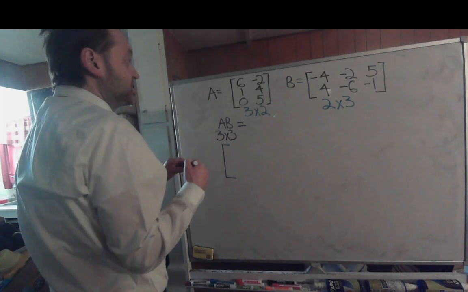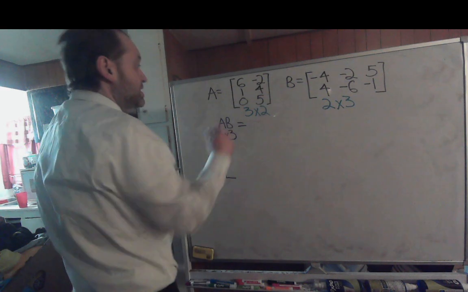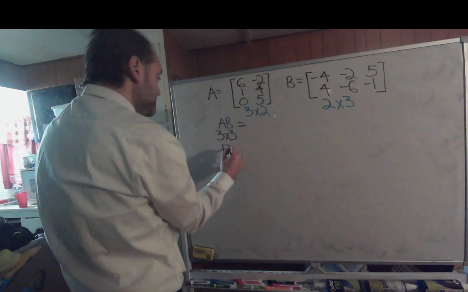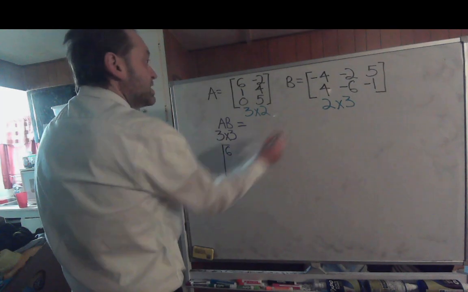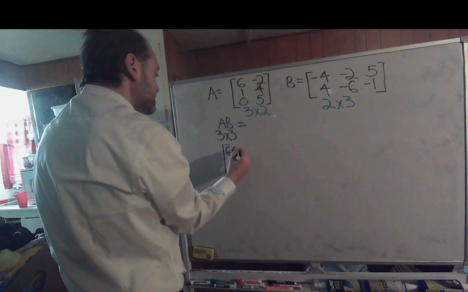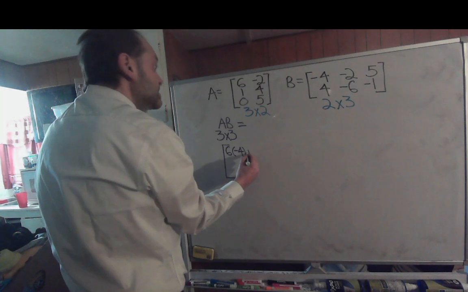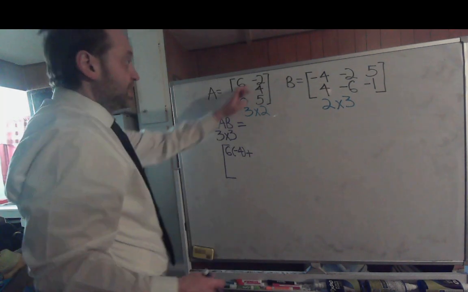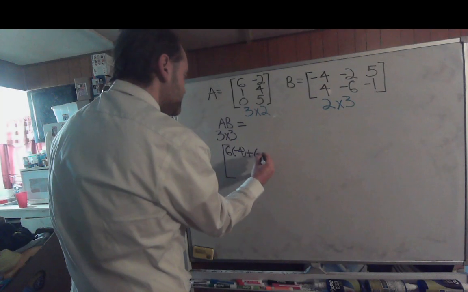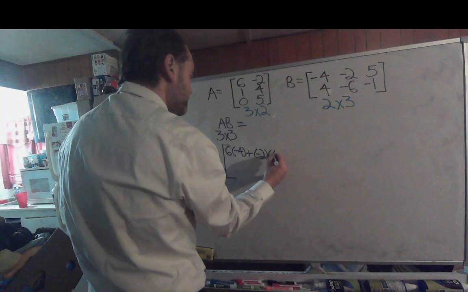So again, stick with your first row to obtain all the numbers in the first row. You're going to take that first number of 6 in the first row times the first number of the first column of the second matrix, negative 4, plus you'll take that second number in the first row of negative 2 times the second number of the first column, which would be 4.